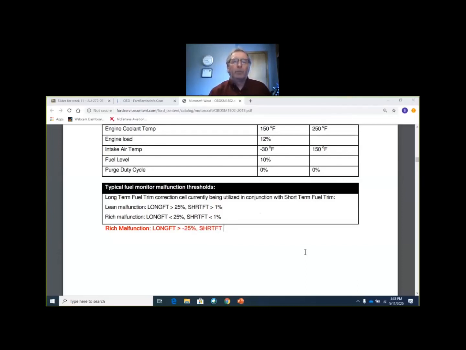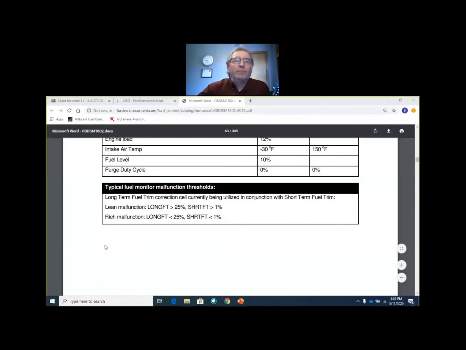Short-term fuel trim greater than negative 1%. Right? In other words, a lean malfunction, we're adding more than 25% fuel, and a rich malfunction is we're subtracting more than 25%. So I don't like the way they wrote that at all. Not good. But this is the number I was actually looking for.